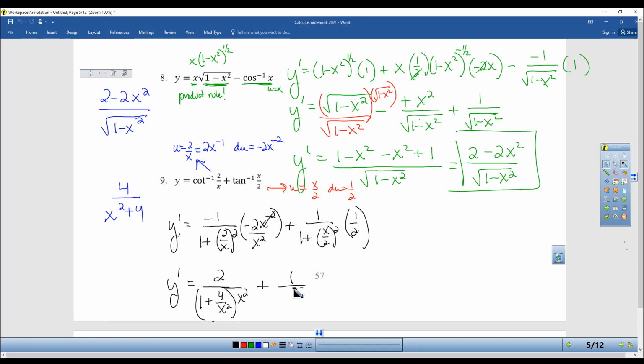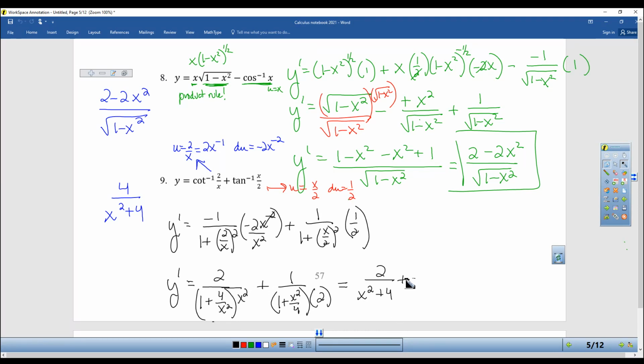So this is 1, and again, this is 1 plus x squared over 4, and it's getting multiplied by 2 on the bottom. And the 1 times the 1 just made 1, which gave me 2 over, when I distribute that x squared, I get x squared there. And when I distribute the x squared to the 4 over x squared, I just get 4.